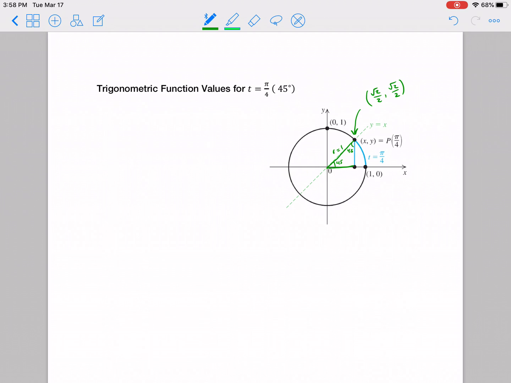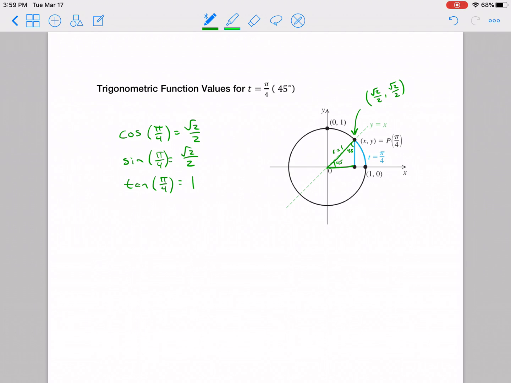So your cosine here is going to be square root of 2 over 2. Your sine of pi over 4 is going to be square root of 2 over 2. And your tangent, I won't do all the reciprocal ones, but your tangent of pi over 4 is going to be square root of 2 over 2 over square root of 2 over 2, which is just 1.